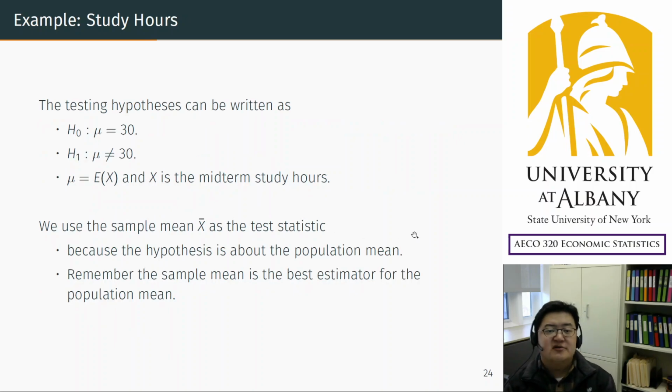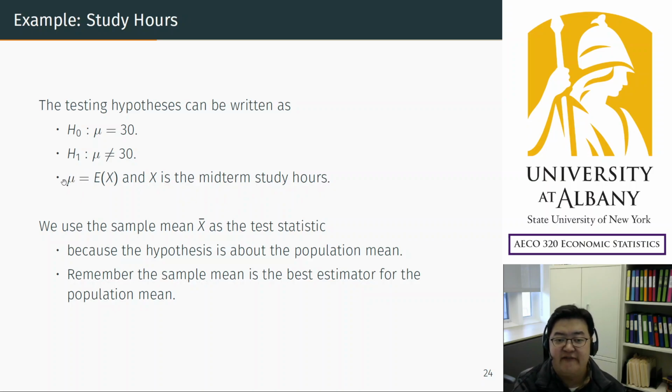So to do that, first, let's formulate the hypothesis in terms of parameters. The hypothesis was about the mean study hours. So I will define a random variable x as the midterm study hours for a randomly chosen student.